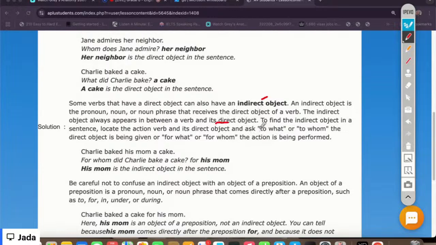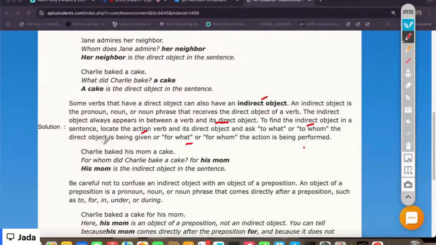So to find the indirect object in a sentence, you have to locate the action verb and its direct object and ask to what or to whom the direct object has been given, or for what or for whom the direct object has been performed.